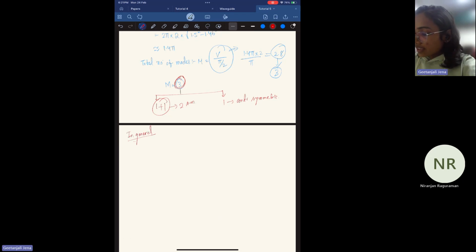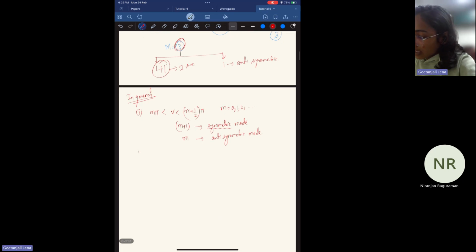In general, if V lies between m pi to m plus half pi, where m is 0, 1, 2, then in this case we'll have m plus 1 symmetric modes and m antisymmetric modes. But if V lies between m plus half pi to m plus 1 pi, then we have an equal number of symmetric and antisymmetric modes.